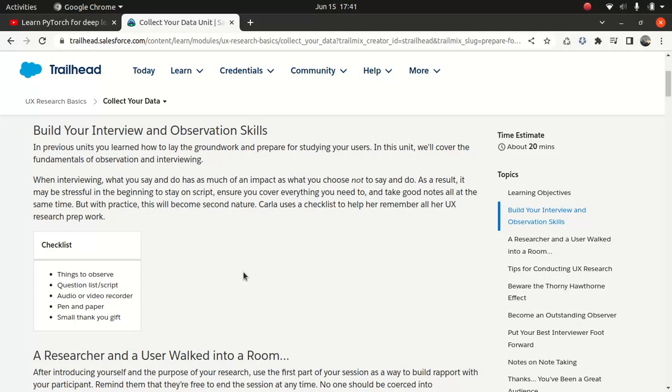Now that's great from a UX starting perspective, but it's very important that you build your interview and observation skills, because obviously having a right question is not enough, right? Because you need to make sure the people you're going to ask the questions, you get what is really expected to get out of the interview.